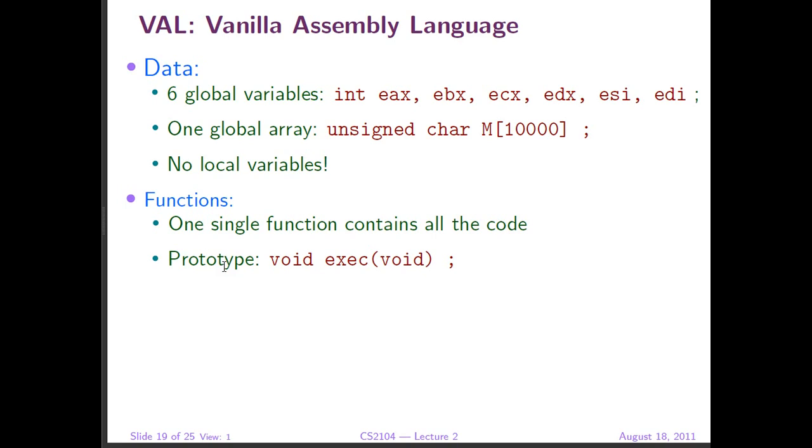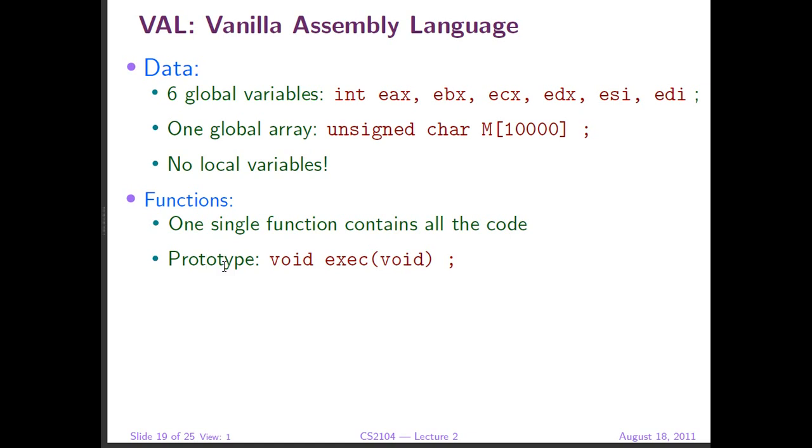I'm using these names because these are the names of the Pentium registers, so I want to create a bit of similarity with the Pentium. There is one global array, which is of type unsigned char. It can be larger, right? This represents the memory, and memories are much larger by today's standards.